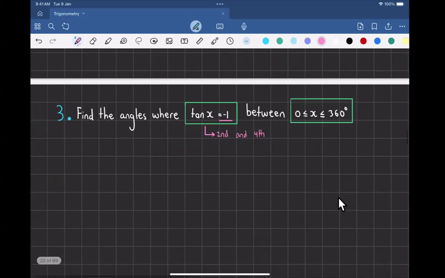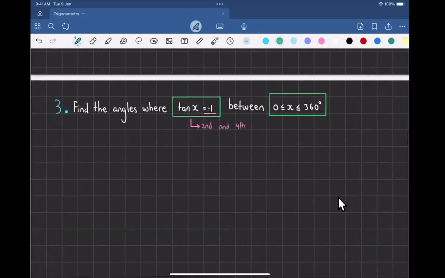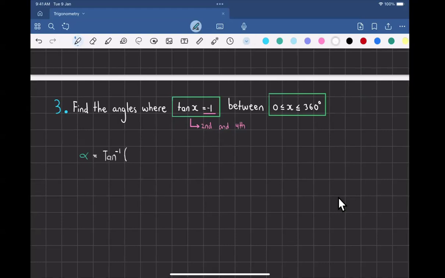Cool. Let me go ahead and find alpha. Alpha would be equal to tan inverse of what? Tell me, Kirsten. Alpha is tan inverse of -1 or +1.